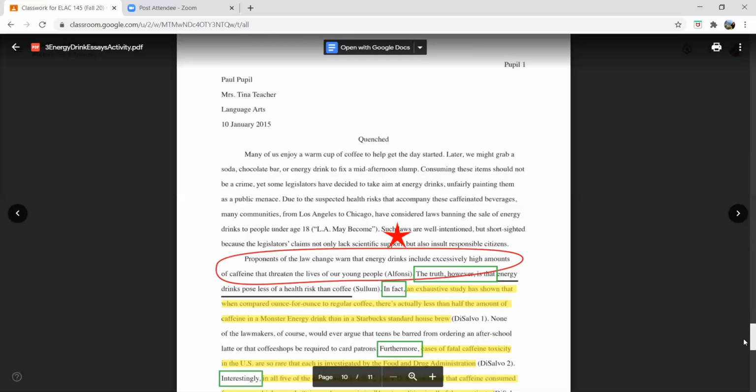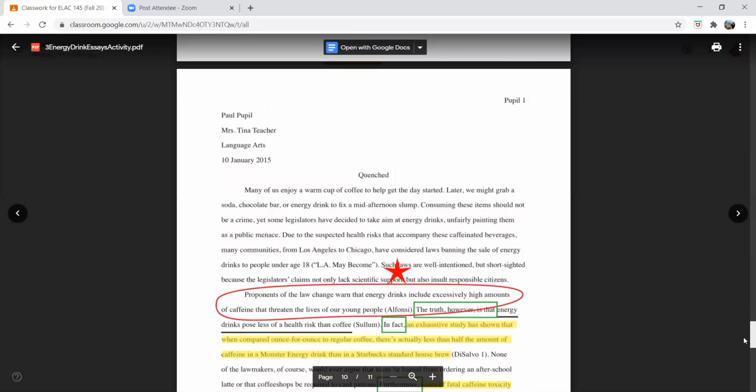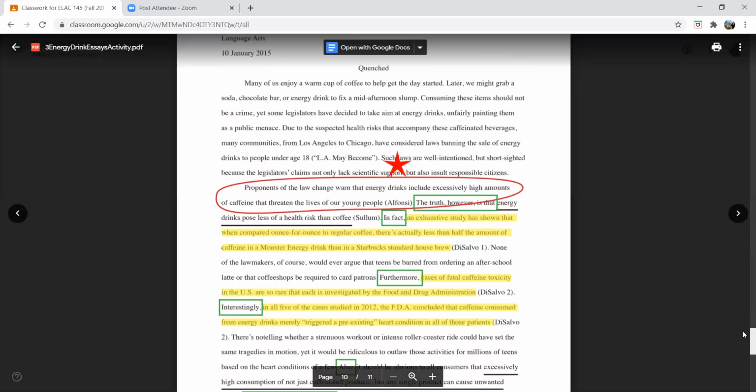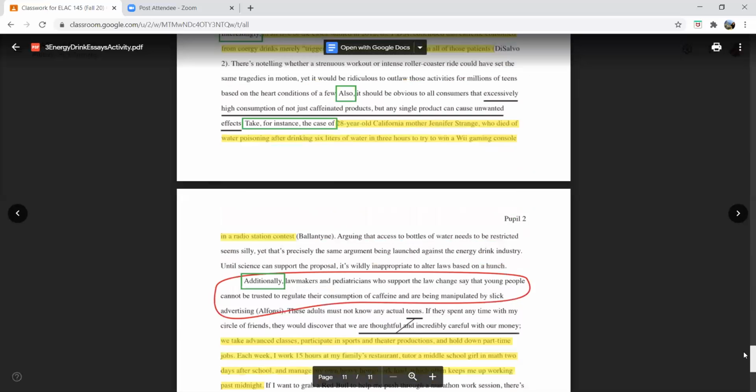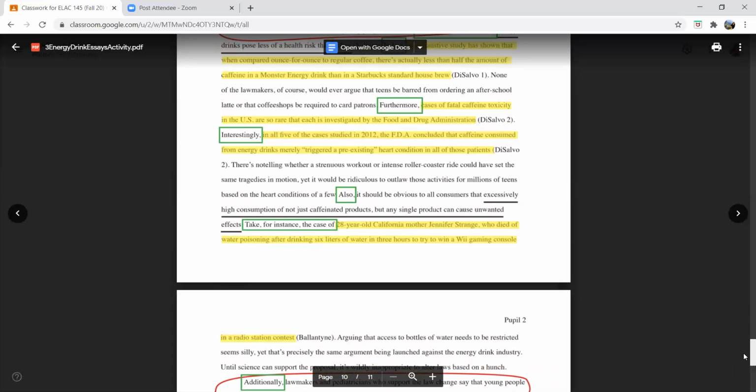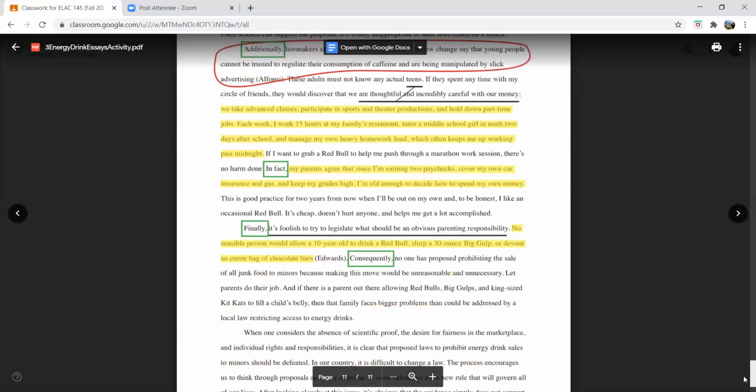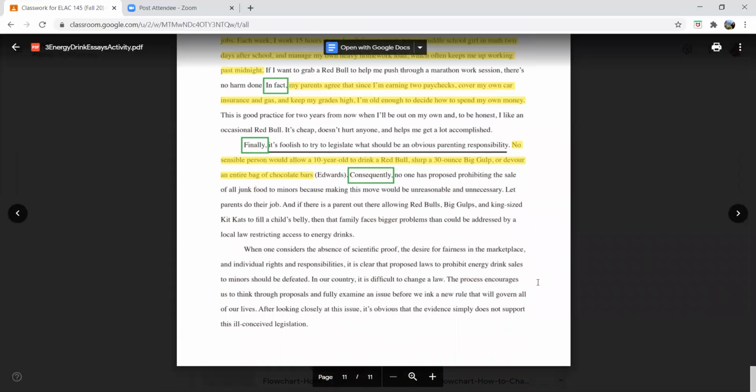Okay, so here we go, Quenched. Boom, we have the claim at the top. How many reasons do I have? 1, 2, 3, 4. So they had 4 reasons. They had another paragraph. And then the conclusion, reminding us everything they just said in the essay.